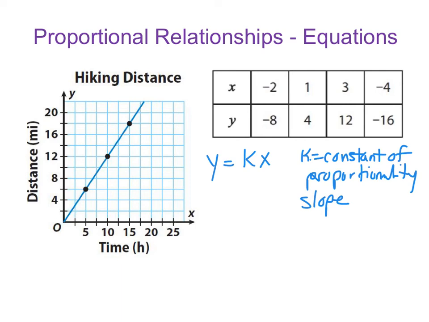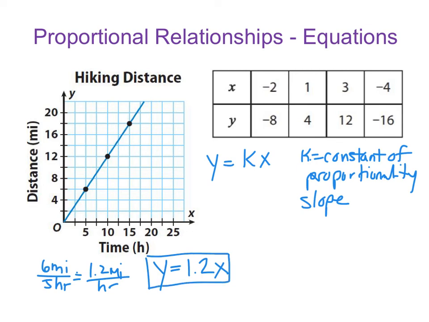So I have 6 miles for 5 hours, and I can simplify that to 1.2 miles per hour. So then the equation would be my y. In order to find my y, I multiply my x value times 1.2. That's the equation for this graph.